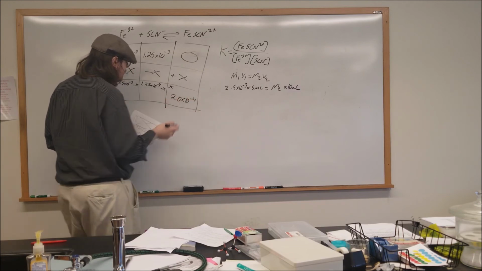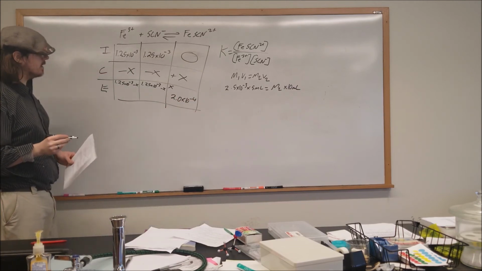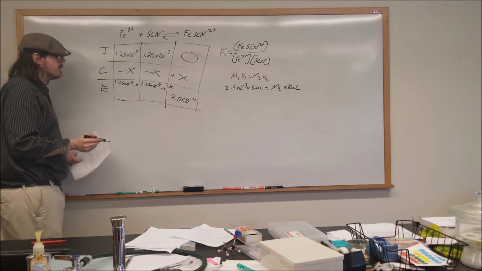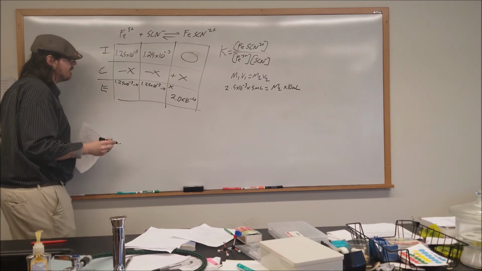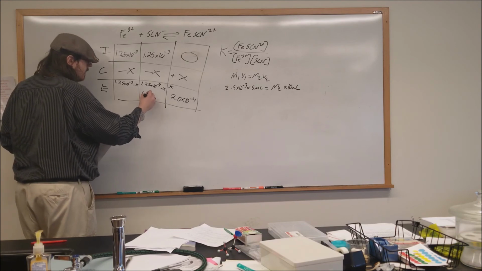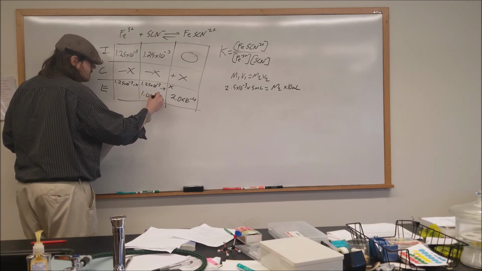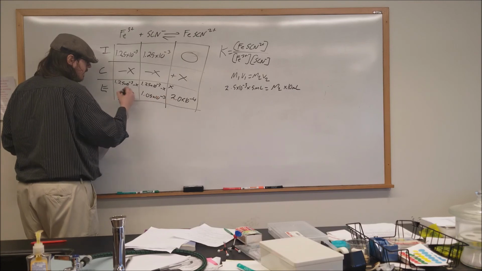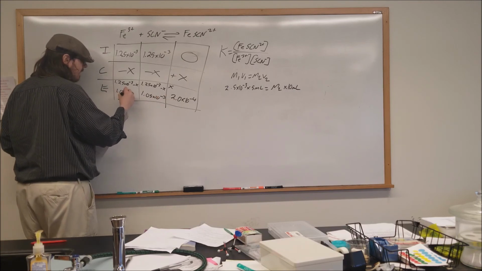So we know x. It's given. So 1.25 times 10 to the -3rd minus x is actually 1.05 times 10 to the -3rd, and that is also 1.05 times 10 to the -3rd.